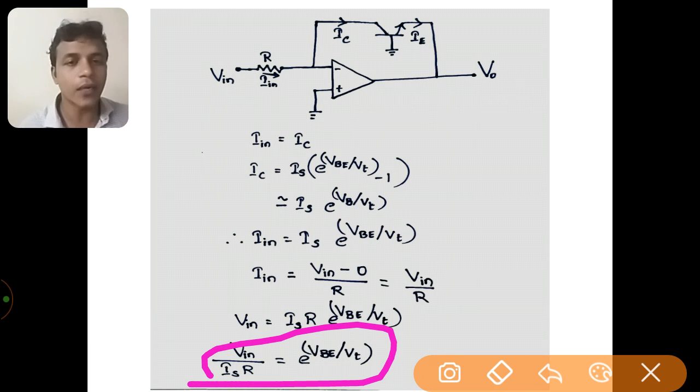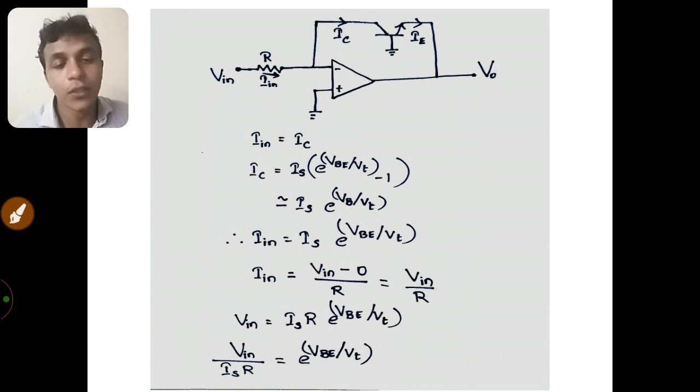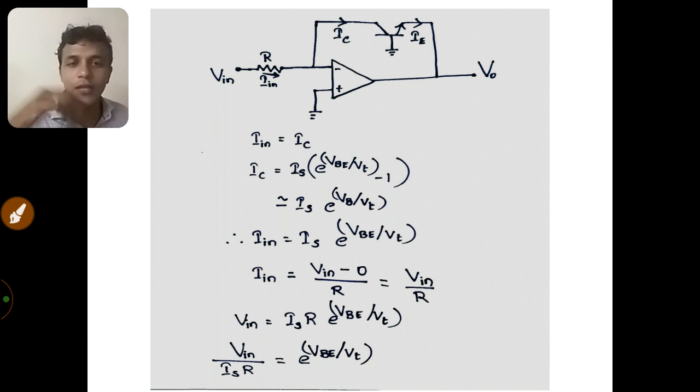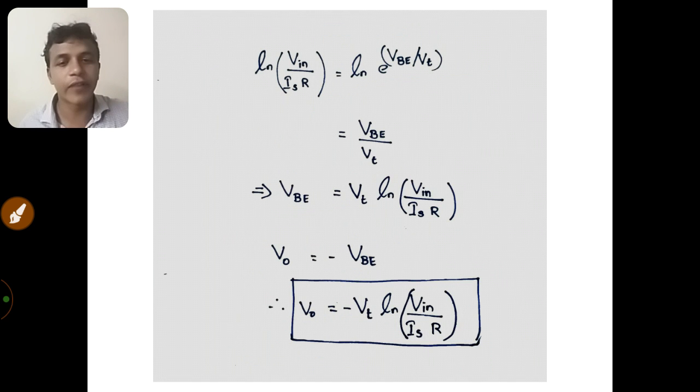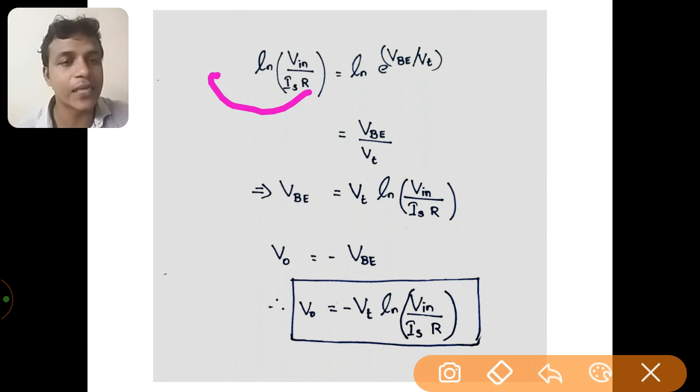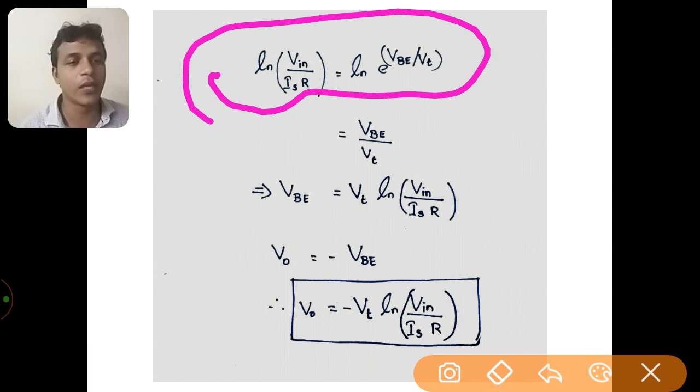Now we have to eradicate this exponent. To do that, we apply the natural logarithm to both the left hand side and the right hand side, so that it does not disturb the equality. When we apply a particular mathematical operation to both sides, the equality will not be disturbed. So natural logarithm of V in divided by IS into R equals natural logarithm of exponent of VBE by VT.